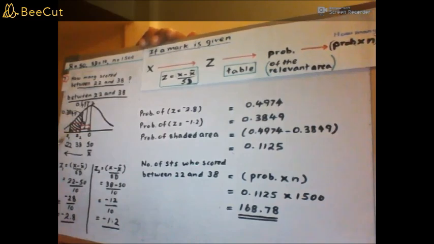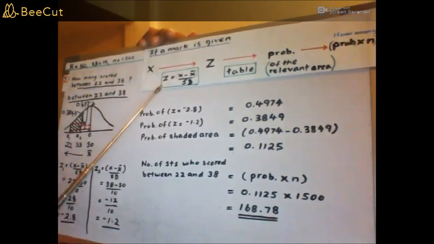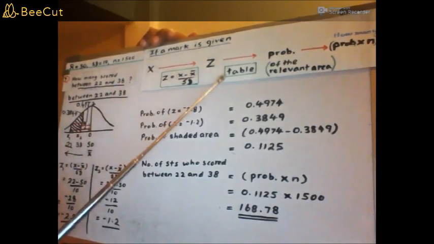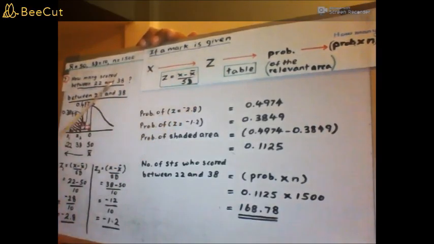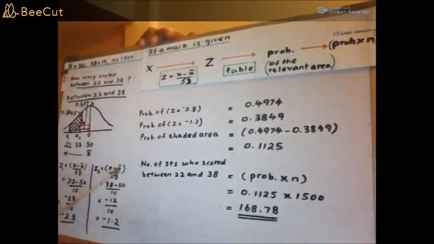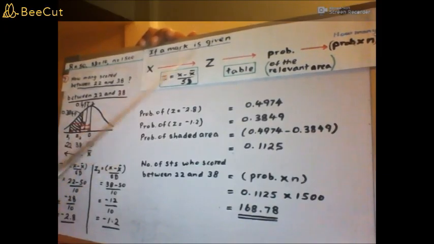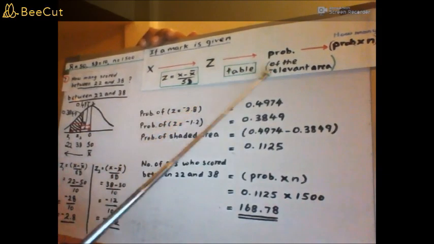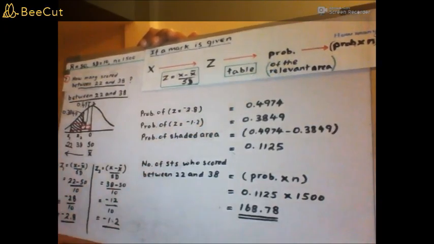Then we learned how to find the Z score. Then we learned how to read the table. If the Z value is given, what's the probability? If the probabilities are given, what are their relevant Z values? And then we found the probabilities.